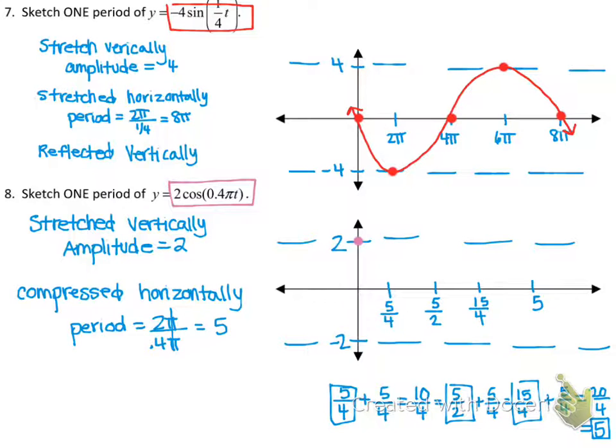Then we're going to go 5 over 4, 0. I said pi over 4, I meant 5 over 4. 5 over 2, -2. 15 over 4, 0, and then 5, positive 2. So my graph looks like this.